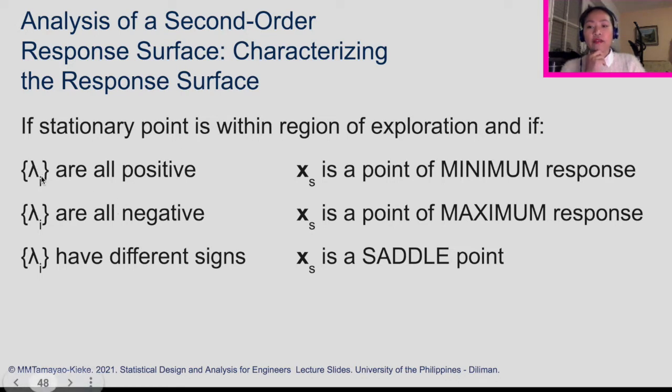If the eigenvalues are all positive, then the stationary point is a point of minimum response. If they are all negative, then the stationary point is a point of maximum response. And if they have different signs, then the stationary point is a saddle point.